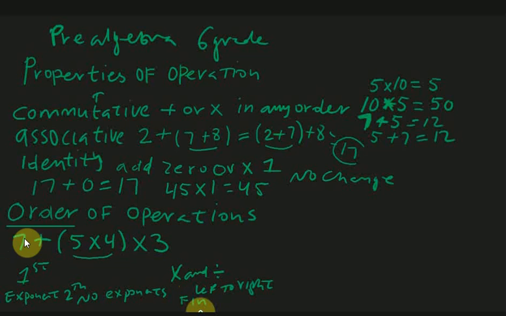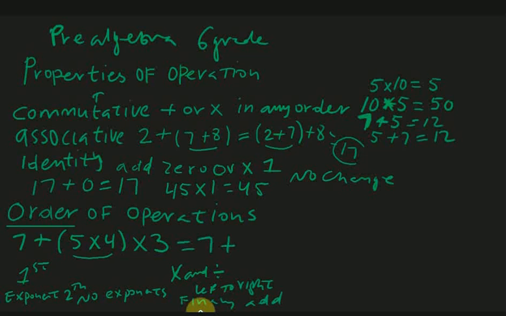So: inside first, second no exponent, third multiplication or division, whichever comes first. Finally you add, or if there is subtraction too, you subtract. Either way, addition and subtraction are last.